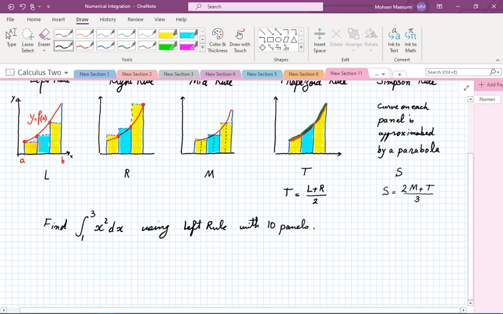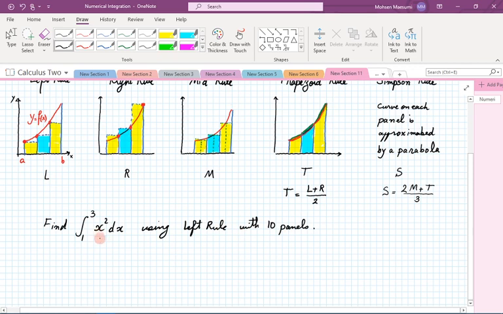We are going to refer to each of these things as a panel, or 10 rectangles or 10 intervals if you wish. So 1 is standing for a, 3 is standing for b, x squared is standing for f of x, and we want to apply this method to calculate this.